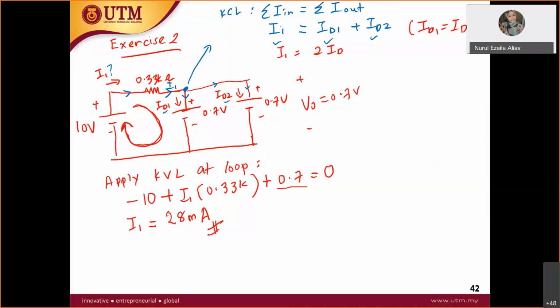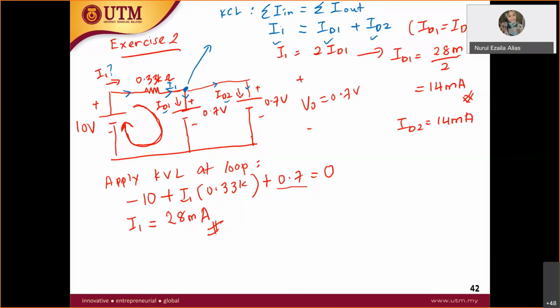Yes, ID1 is equal to 28 milliamperes over 2, which equals 14 milliamperes. That's how you get ID1 equals ID2, also 14 milliamperes.